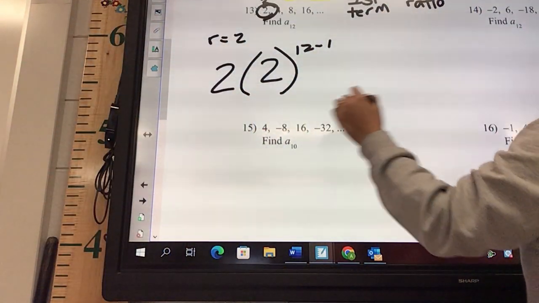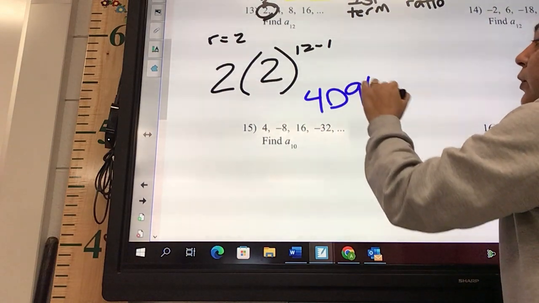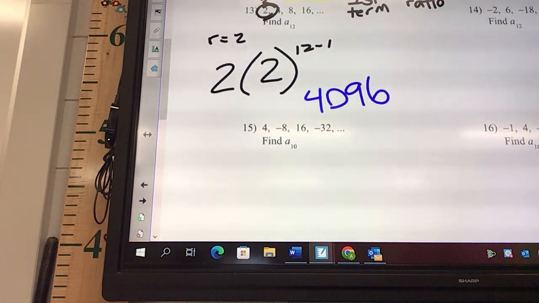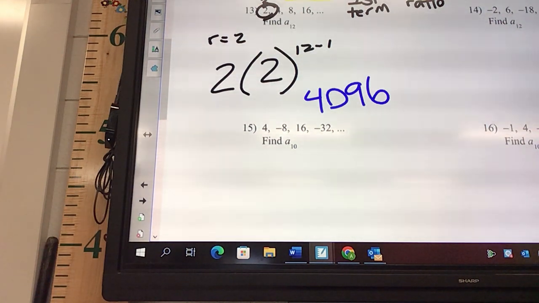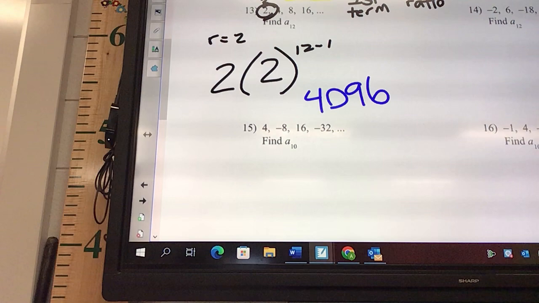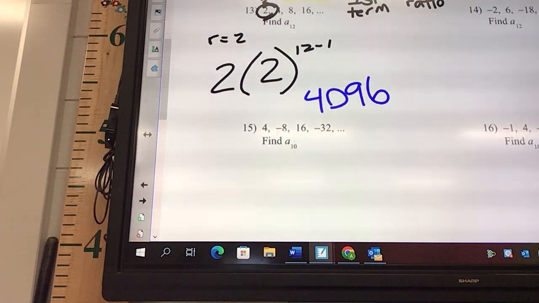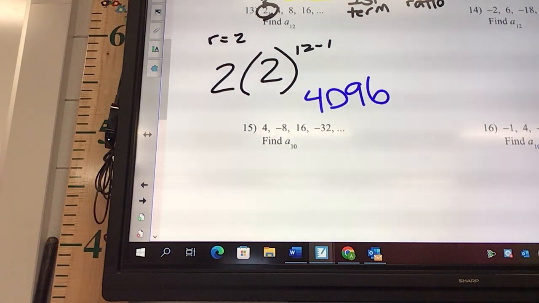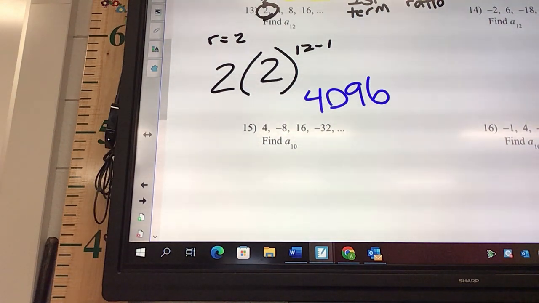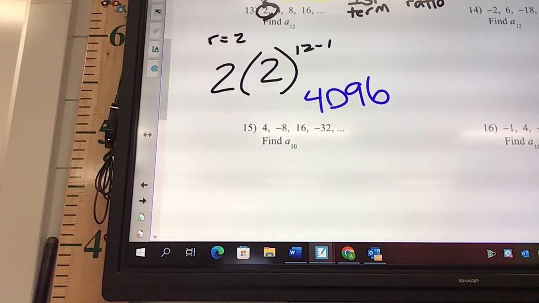You should have got 40,096. If you did not, please raise your hand so either Miss Hanson or I can go around and help you. I got error. You got error. Okay, when you hit this, the 12 minus 1 goes in there.